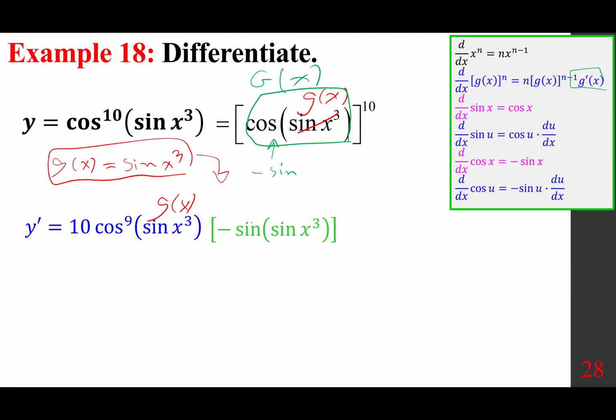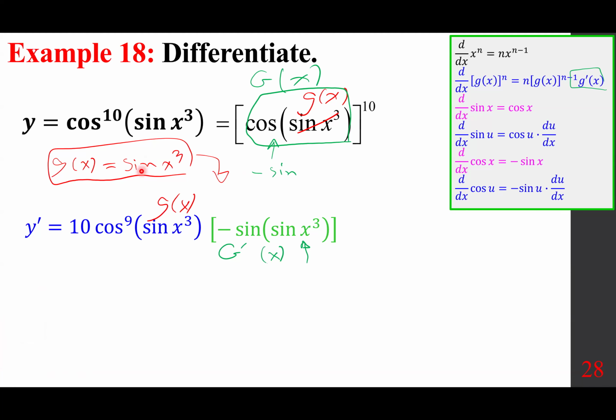So this is, let me use that green, that's fine, capital G prime of x in essence. But it's not finished because now you have to differentiate sine of x cubed, lowercase g of x, which means the derivative of sine x cubed is needed.